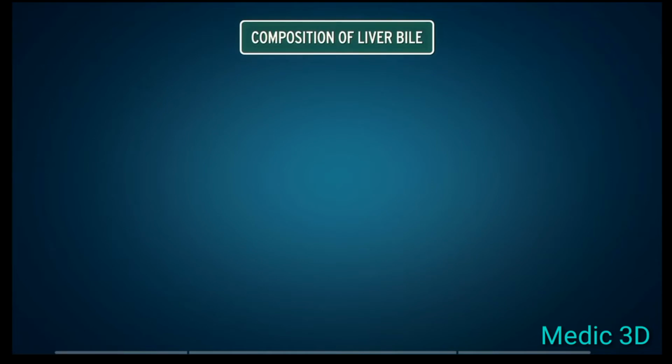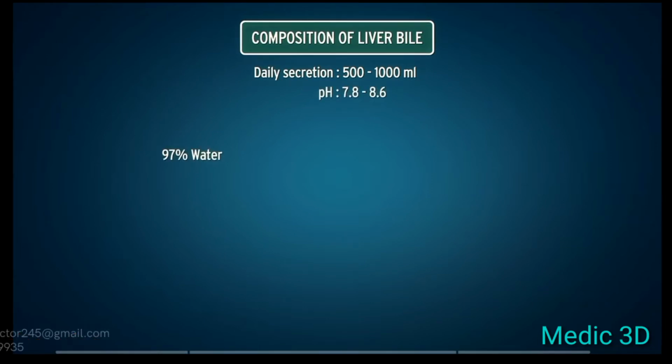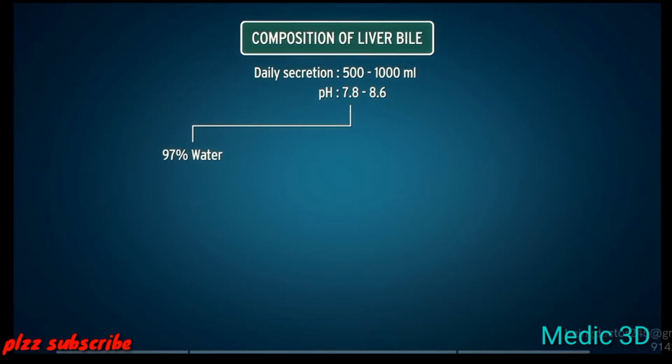Composition of liver bile. Daily secretion: 500 to 1000 ml, a transparent alkaline fluid, light golden yellow in color, pH 7.8 to 8.6, isosmotic with plasma. Water 97%.